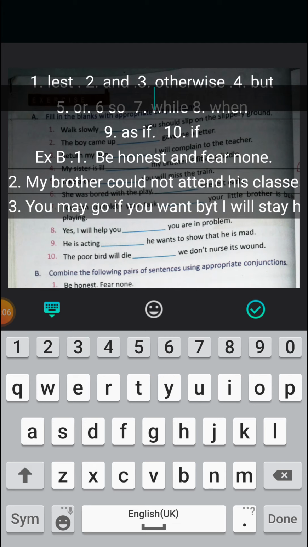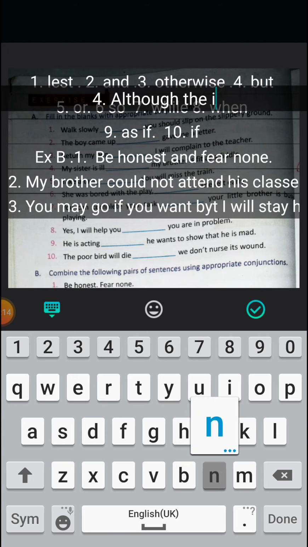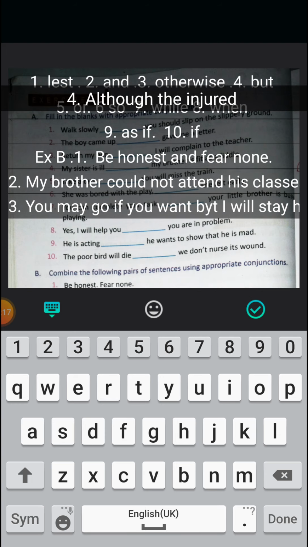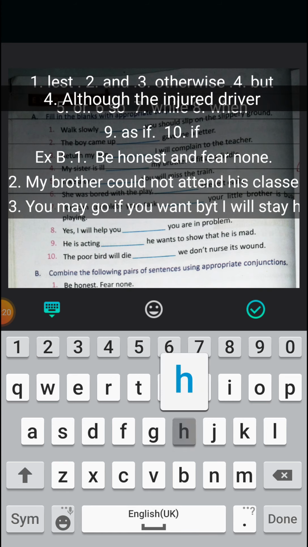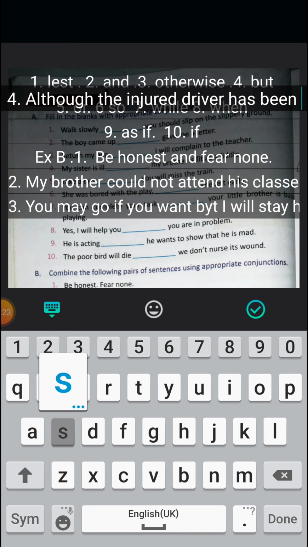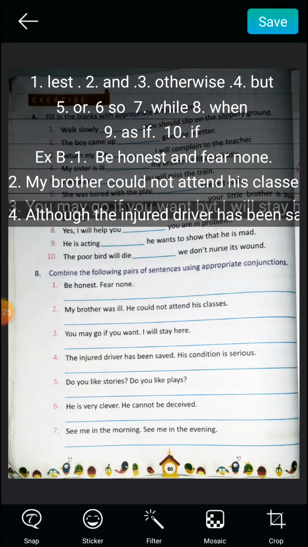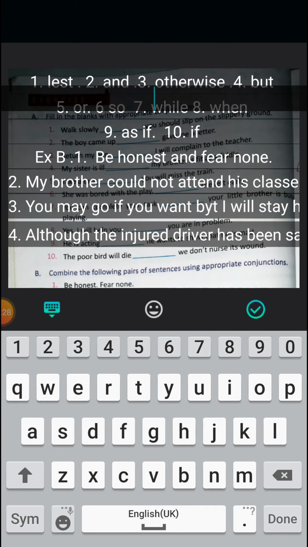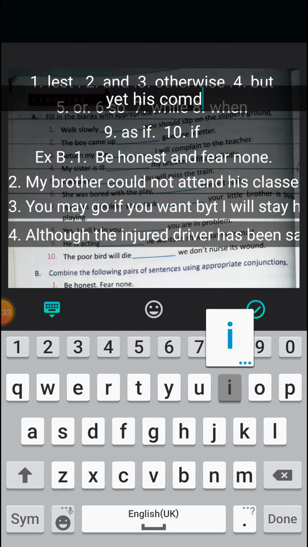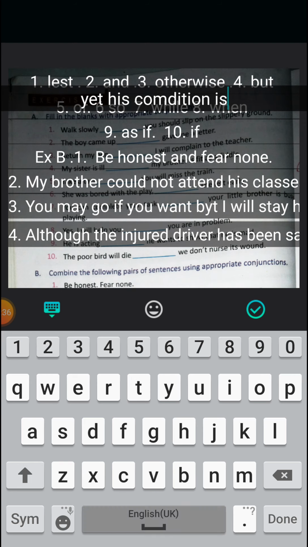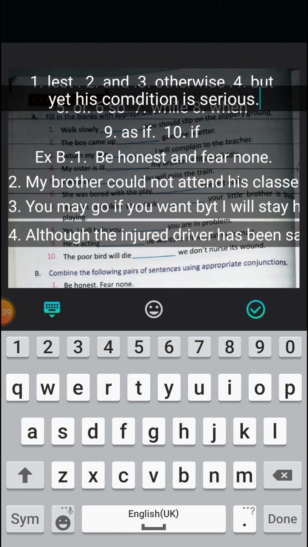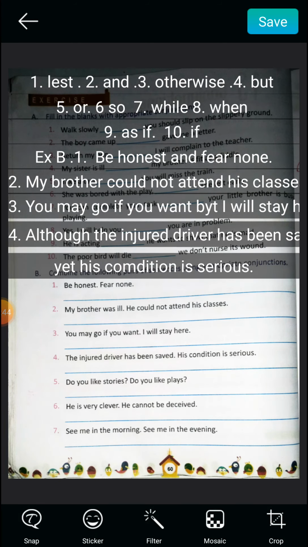According to the sentence, we can write that although the injured driver has been saved, yet his condition is serious. Okay, so we have done with the fourth one also.